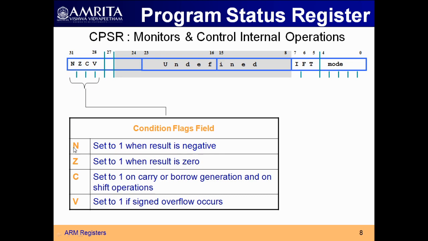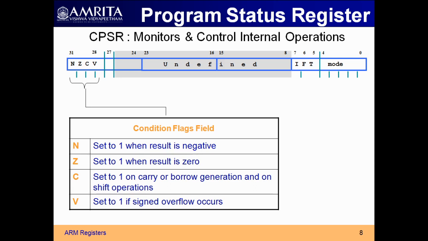Then when will the Z bit be set? Z stands for zero flag. Similarly, whenever the ALU is performing an arithmetic or logical operation and gets a result of 0, then the zero bit will be set. So what are the arithmetic operations generating a 0 result? When you are subtracting two same numbers, 1 minus 1 is 0.